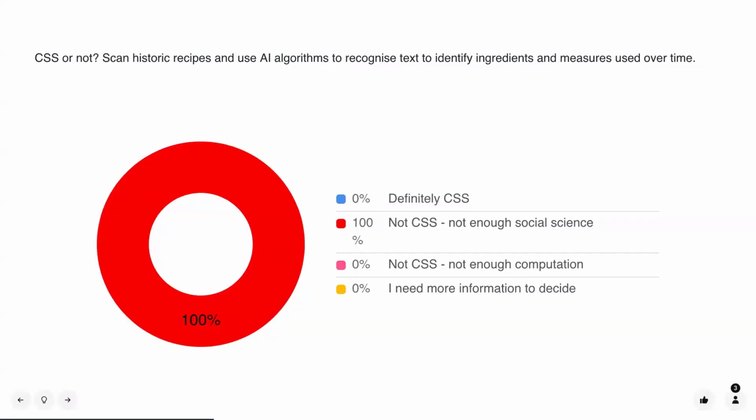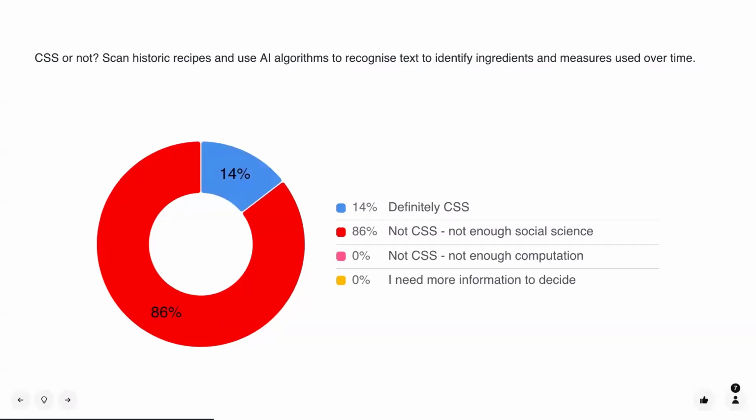So we've got someone straight out the gate saying, nope, there's not enough social science in there. Well, let's see if some of the results come in. Some people are saying it's definitely CSS.